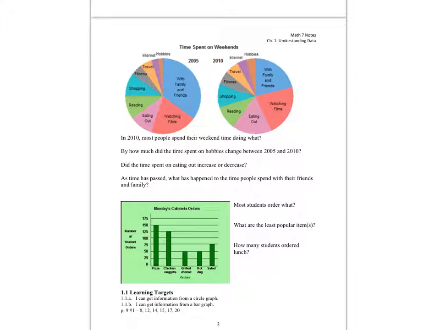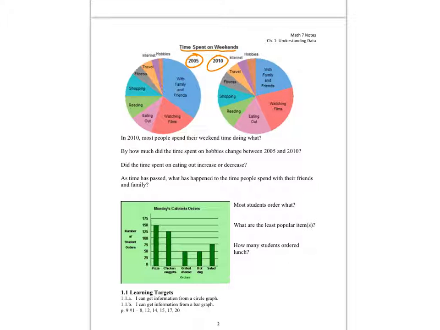What's the difference between the two though? The years. One of them is 2005 and one of them is 2010, so we're comparing the time spent on the weekends doing different things.